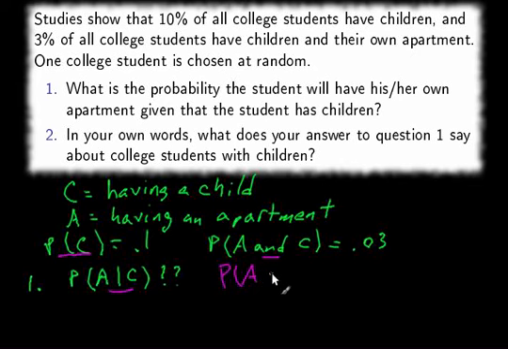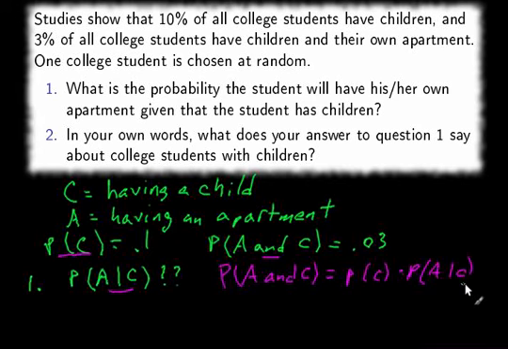P of A and C equals P of C times P of A given C.